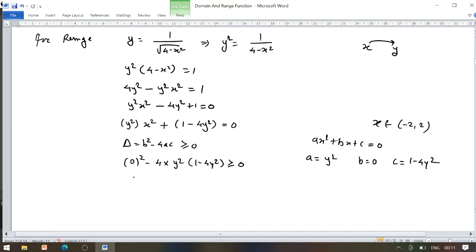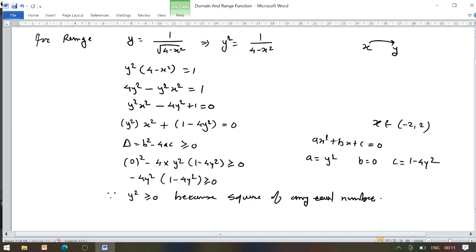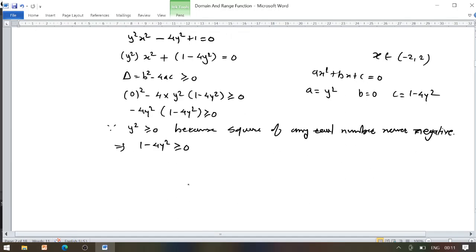So 0² is 0, and we have -4y²(1 - 4y²) ≥ 0. Since y² is always greater than or equal to 0, because the square of any real number is never negative, that implies 1 - 4y² should be greater than or equal to 0. So ultimately 1/4 - y² ≥ 0.